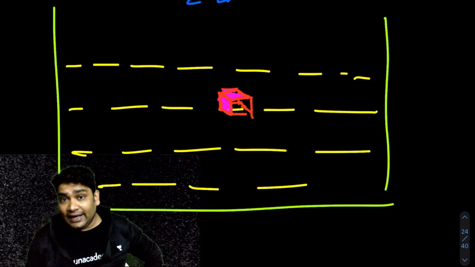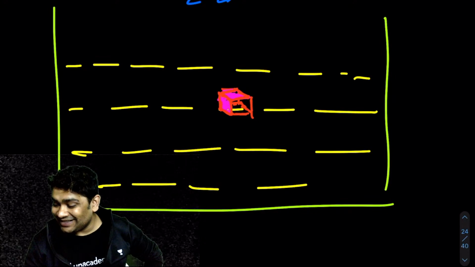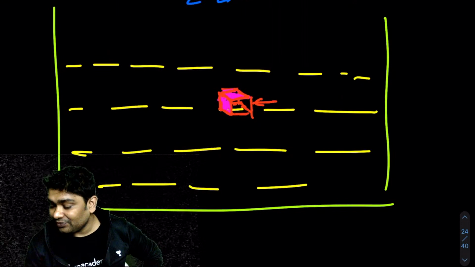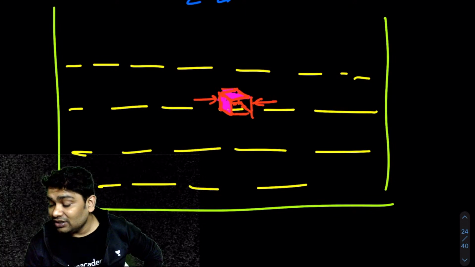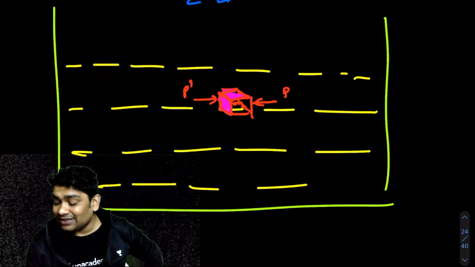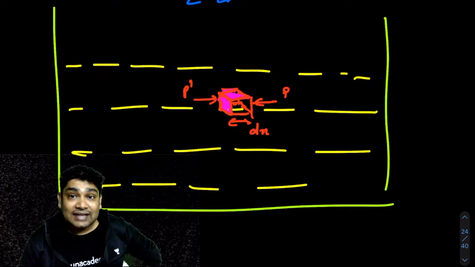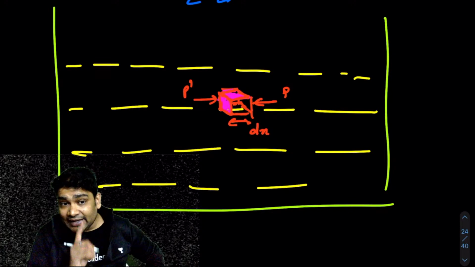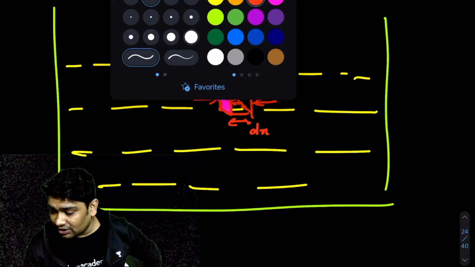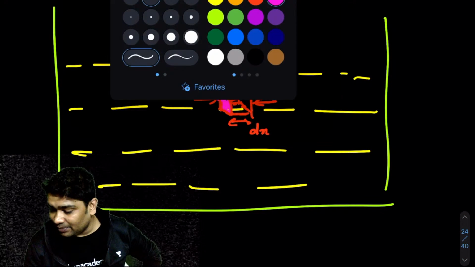Now, if I talk about the x direction, what are the forces? Imagine there would be a pressure in this direction, and a pressure in this direction. Let's call this P and this P dash. Let's say this is the x thickness, and obviously in the x direction you will have a pseudo force opposite to the external acceleration, right? And how much will that be?